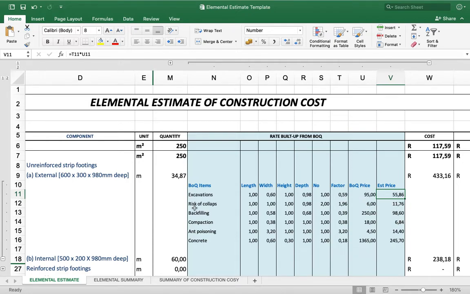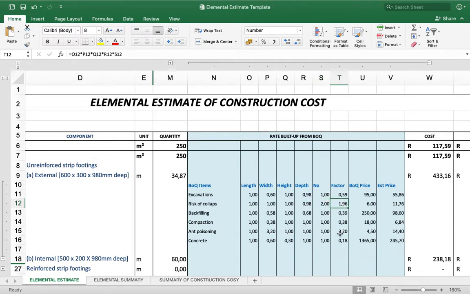The same applies with risk of collapse. Now, for risk of collapse, I'm only going to have a look at the total depth. That is, the length is 1 meter. For 1 meter, I'm going to have 0.98 multiplied by 1 multiplied by 2 for both sides of my trenches.